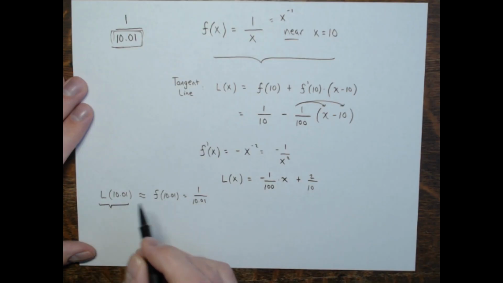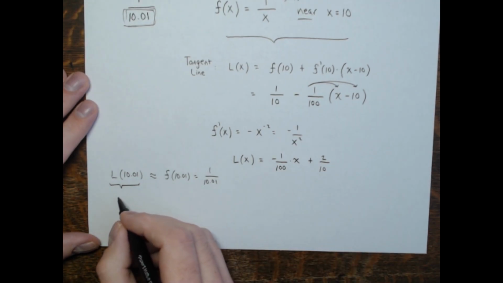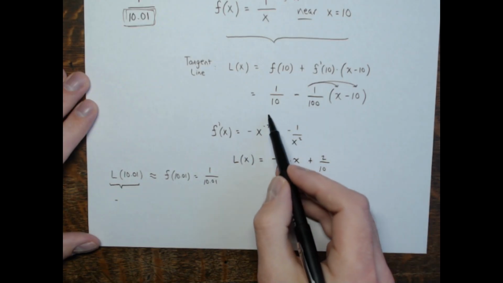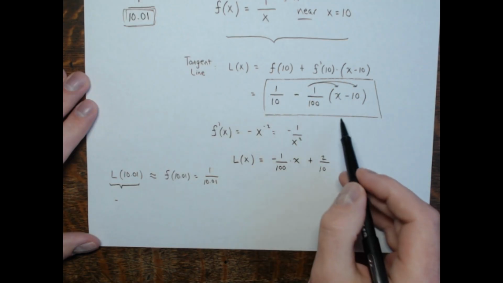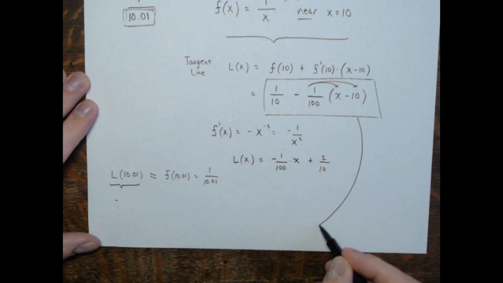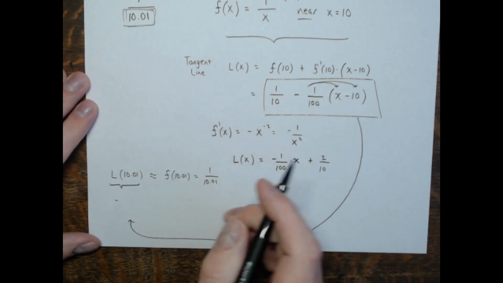All right, so let's find this. Actually, you know what? I know this turned out okay, but I do like this better. So I'm going to go back to the way I had it initially.